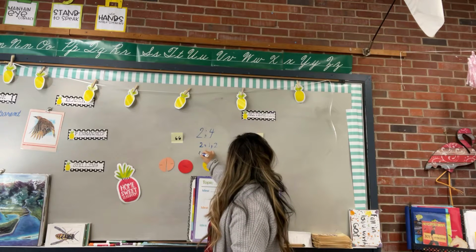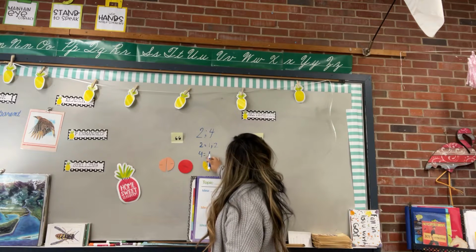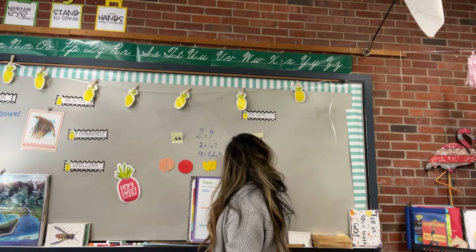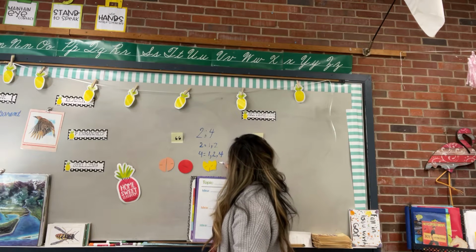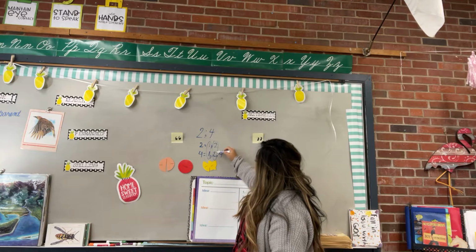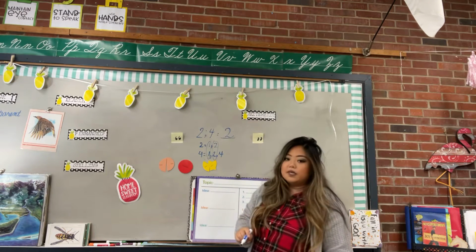The factors of 4 are 1 times 4 and 2 times 2. So if you put that in order, it'd be 1, 2, and 4. The greatest common factor between the two of them: they have 1, they have 2, and the greatest common factor is 2. So in the blank, you're going to write 2. I hope that makes sense for you.